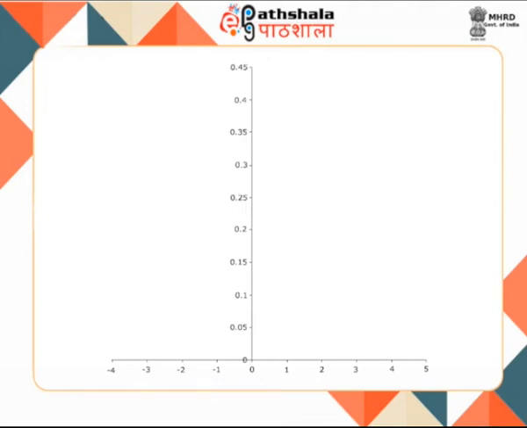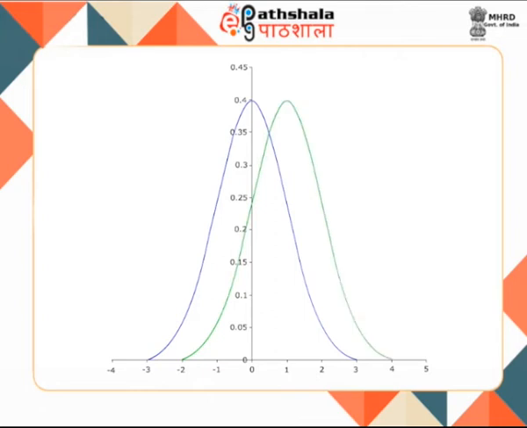In this diagram, the blue curve represents the sampling distribution of the null hypothesis, that is, mu is equal to 0. The green curve represents the sampling distribution of the alternate hypothesis, that is, mu is equal to 1. The vertical red line shows the cutoff region for the null hypothesis, that is, the null hypothesis is rejected for values of the test statistic to the right of the red line and not rejected for values to the left of the red line.